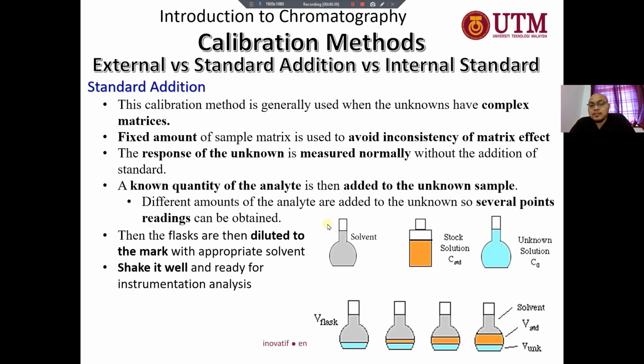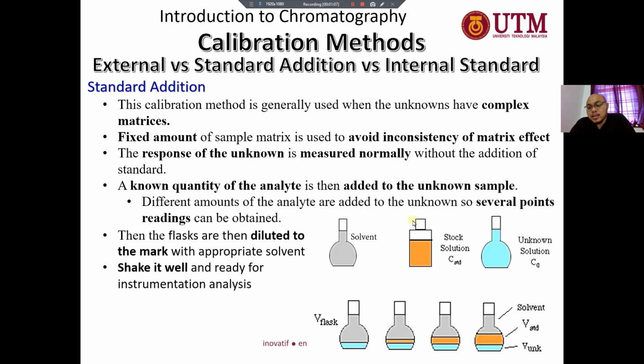I will describe this using the figure after this. The response of the unknown is measured normally without the addition of the standard. A known quantity of the analyte is then added to the unknown sample. Different amounts of analyte are added to the unknown, so several point readings can be obtained. Then the flasks are diluted to the mark with the appropriate solvent, mixed well, and ready for instrumental analysis.